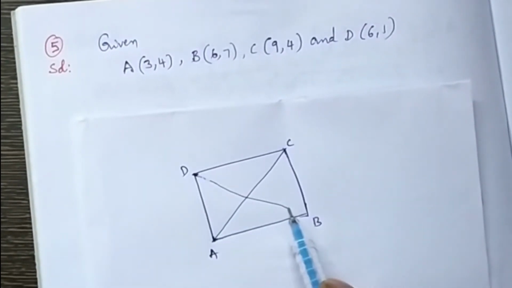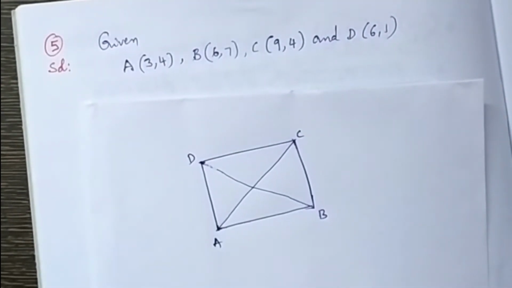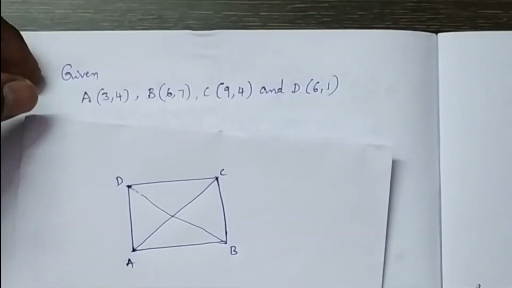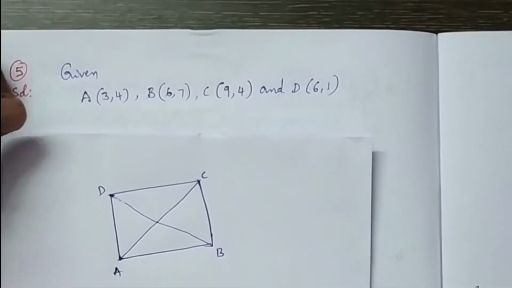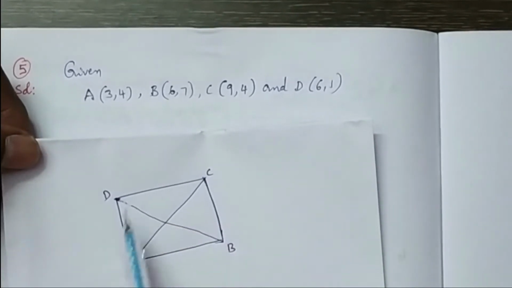Then only we can decide whether the given quadrilateral is a square or not. So let us go to find the lengths.